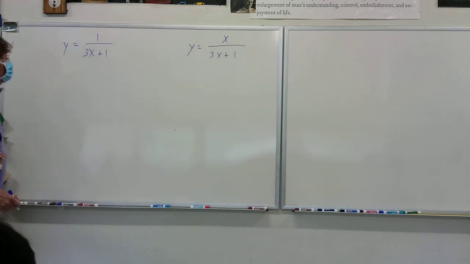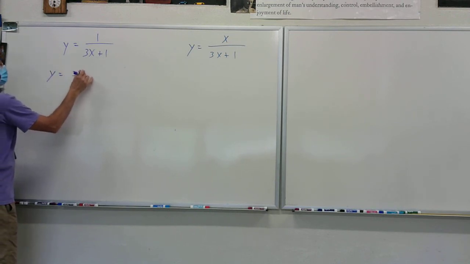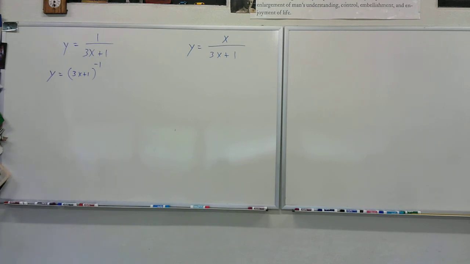But with a constant in the numerator, go ahead and rewrite that as 3x plus 1 raised to the negative 1. And use your power rule.